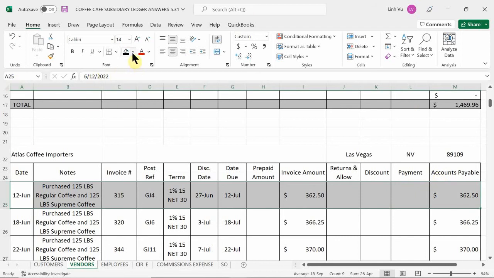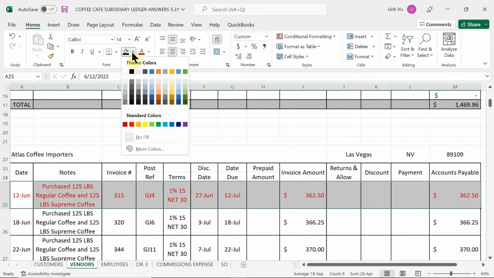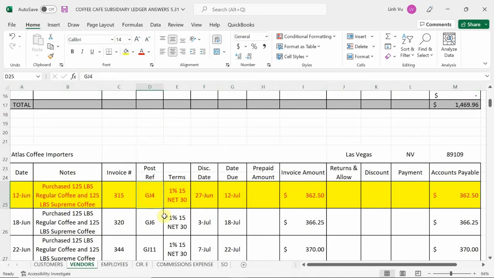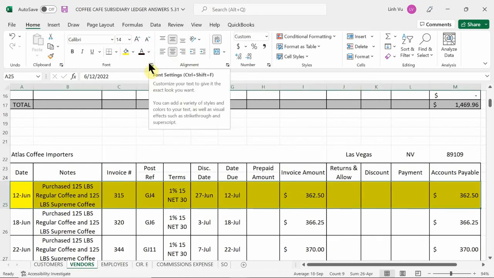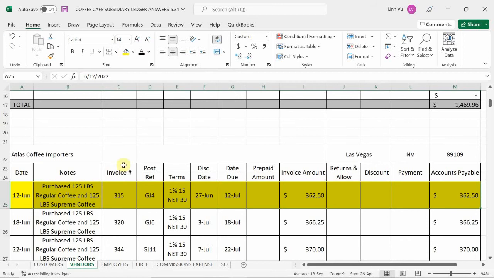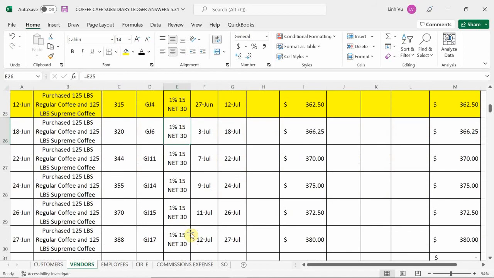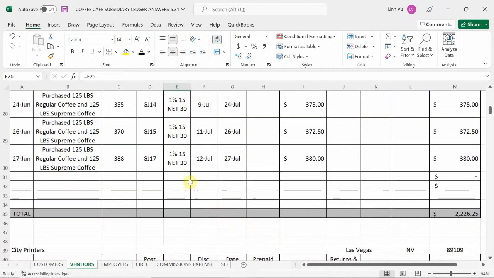Now, today is the 27th, so we get the discount. Okay, so that's Atlas Coffee. We get a 1% discount. So that would be 36.25 is what we take off of it.